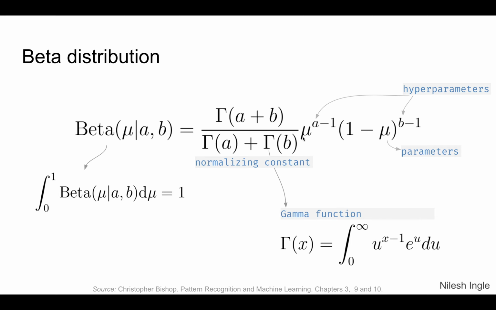This mu is not the mean, it's the parameter, and then these two are the hyperparameters, and the gamma function, this capital gamma, is given by this relation shown here down below. And when we integrate this distribution from 0 to 1, it should integrate to the value 1.